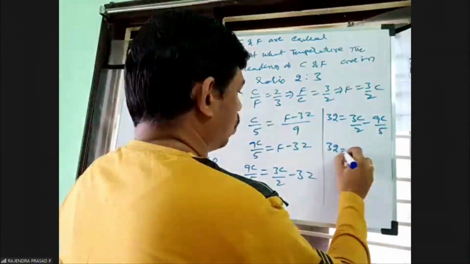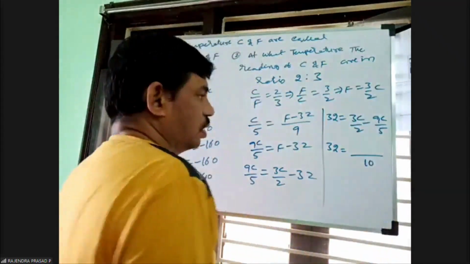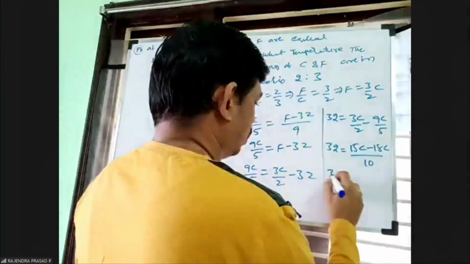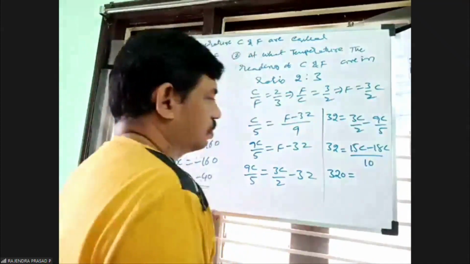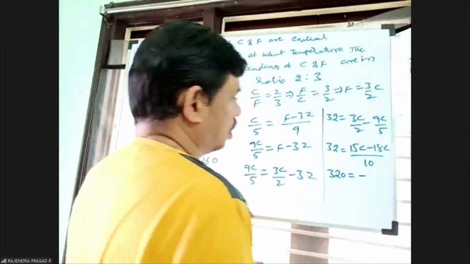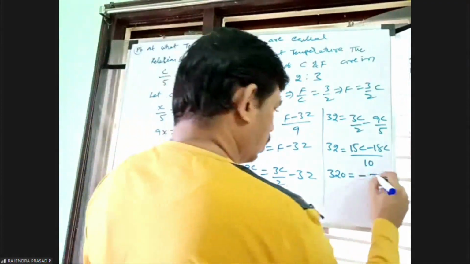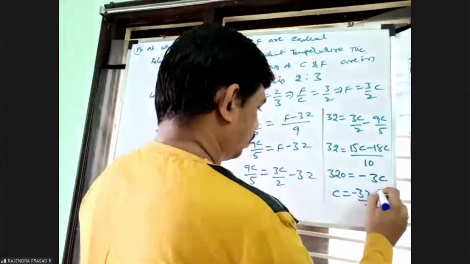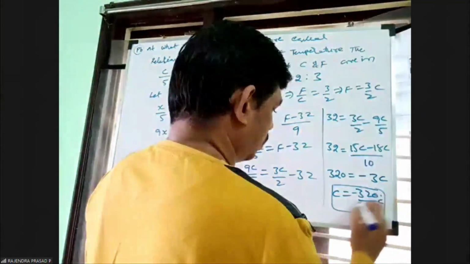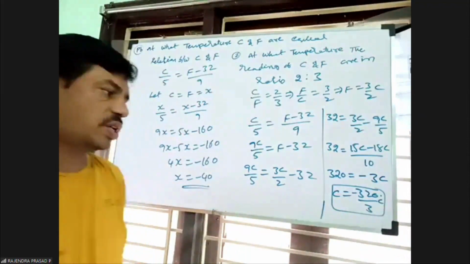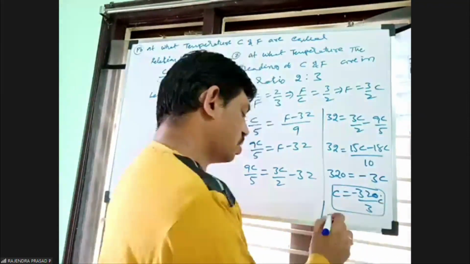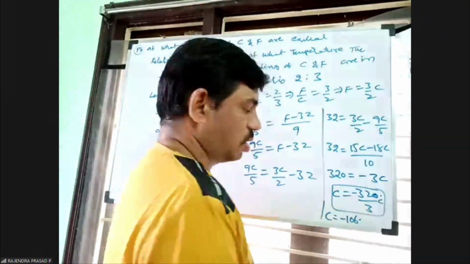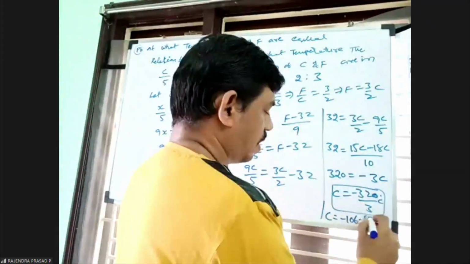So 32 is equal to, with LCM 10, 15C minus 18C over 10. 320 equals minus 3C. So C equals minus 320 by 3. The answer is minus 320 by 3 centigrade, or minus 106.7 degrees.